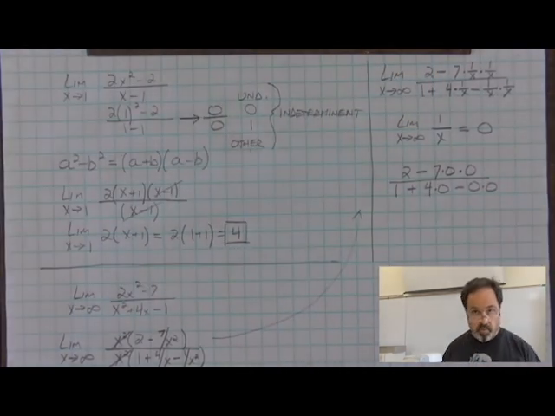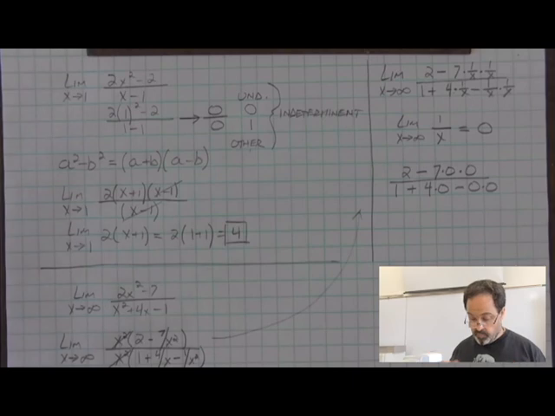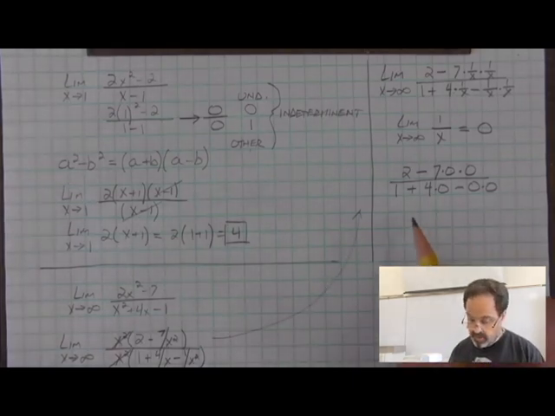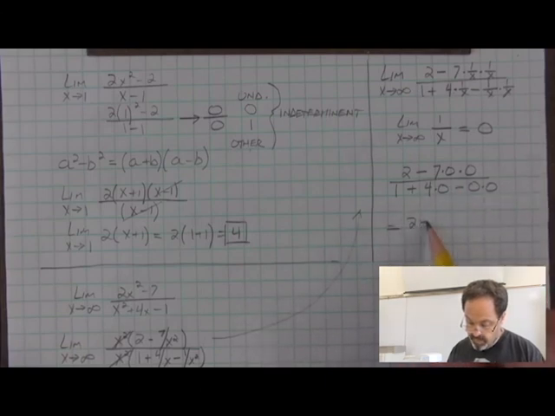Look what happened when I broke up the expression into these factors and found each limit independently. I've got the expression now 2 minus 7 times 0 is 0, over 1 plus 4 times 0 is 0, minus 0 times 0 is 0, and this reduces quite simply to 2 over 1, or just 2.